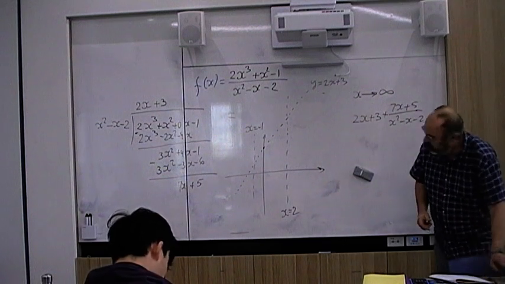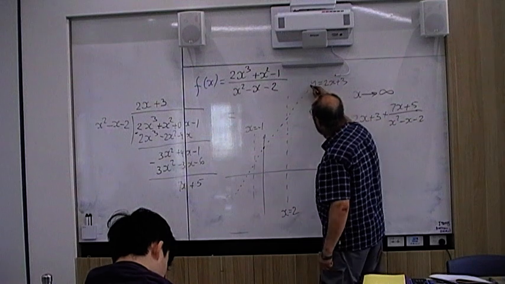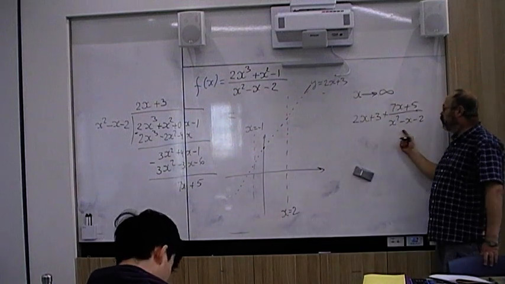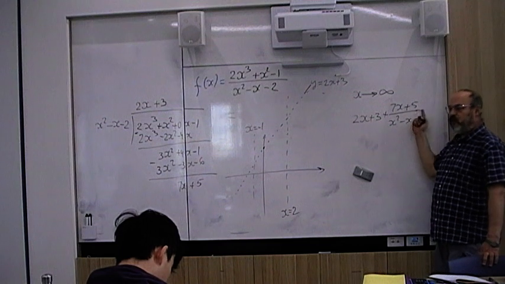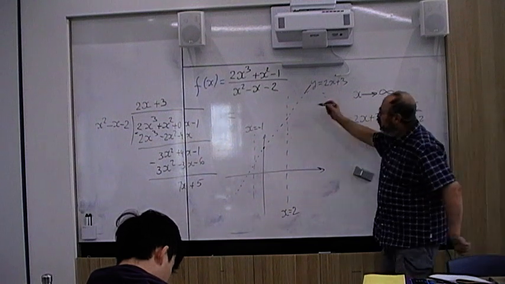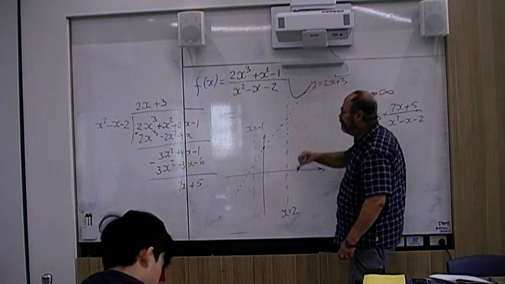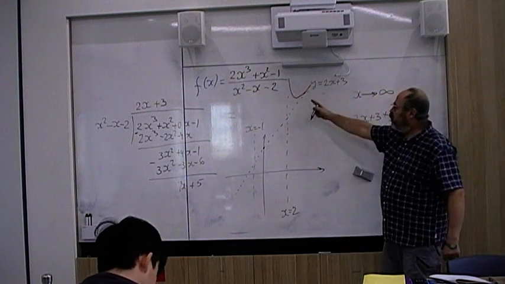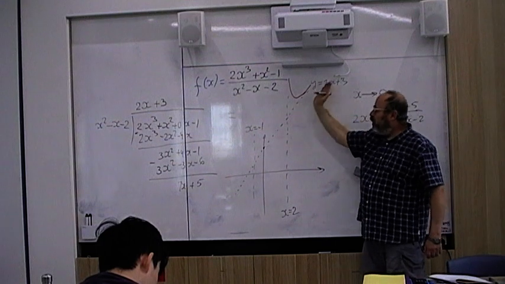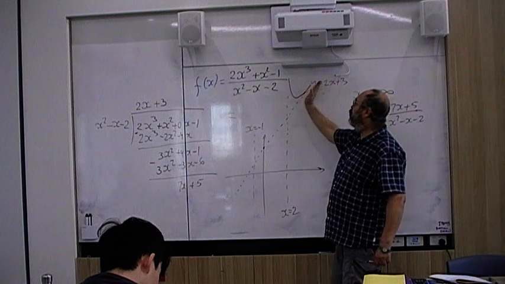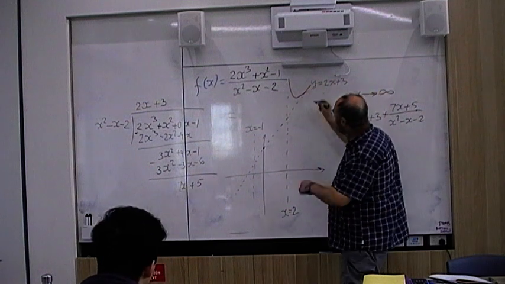So the graph must go here like this. Now, when x approaches 2, because this approaches 0 and that approaches infinity, we can have only one option: the graph goes like this. Because when it approaches infinity, we have the oblique asymptote 2x plus 3, and the graph has to approach it.